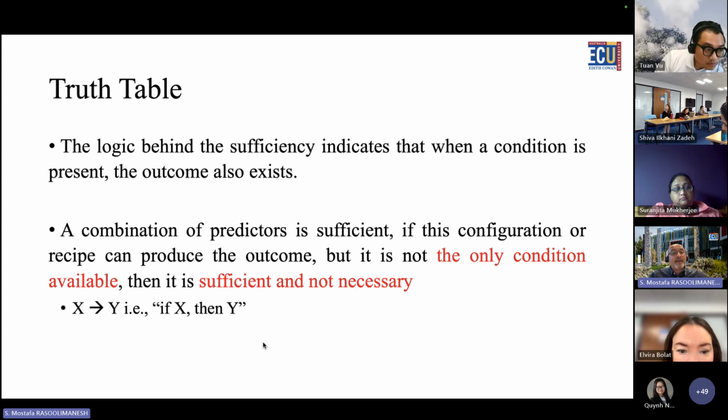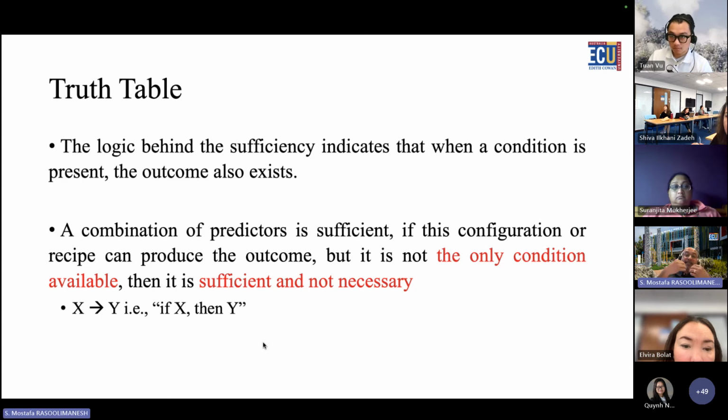The second step is to create the truth table. Through the truth table, we identify all possible combinations of factors.